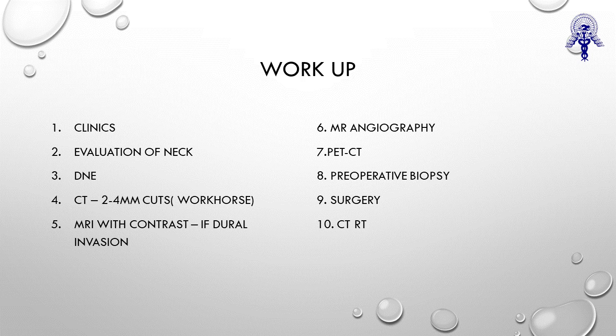Then we do an MRI with contrast if dural invasion or orbital invasion is suspected, and MR angiography is done in some cases when important neurovascular structures are nearby, and a PET CT scan when metastasis or, after treatment completion, recurrence is suspected.